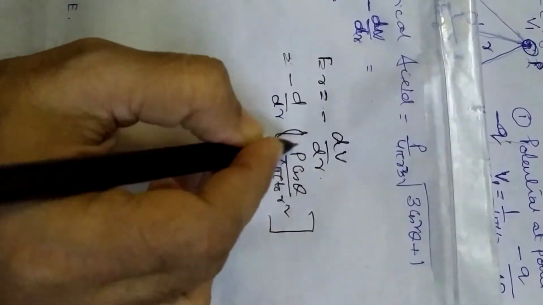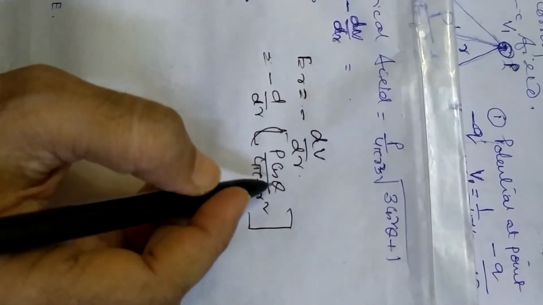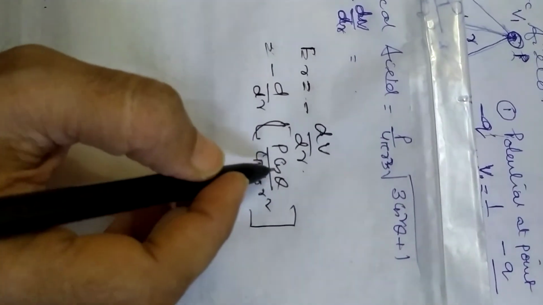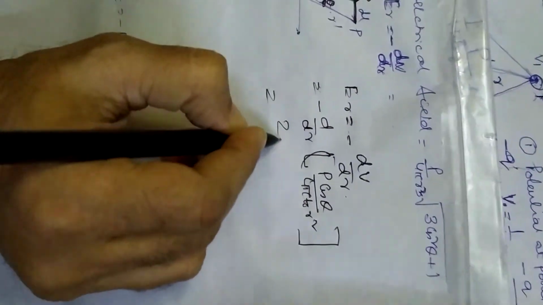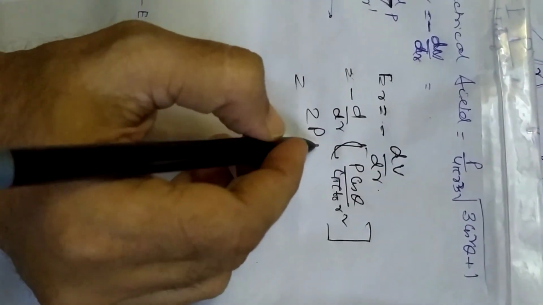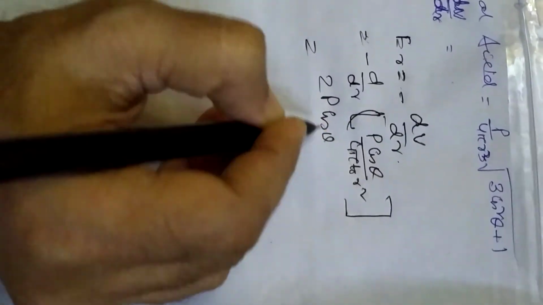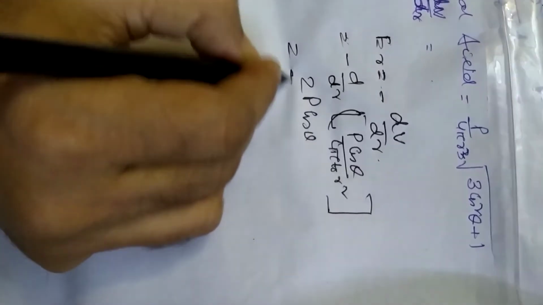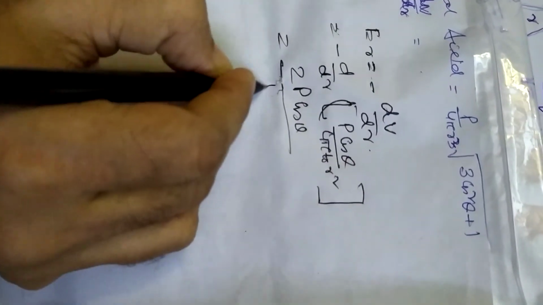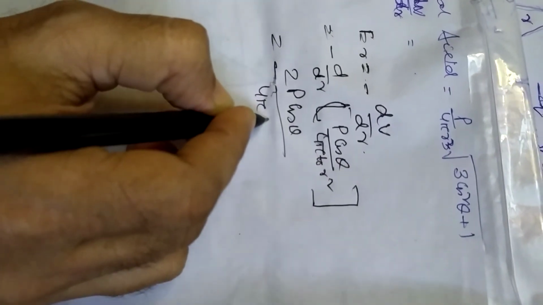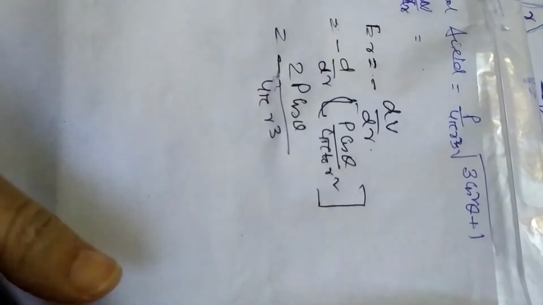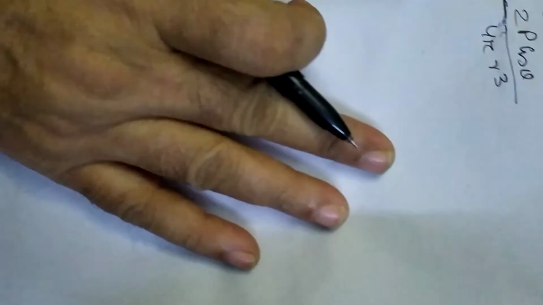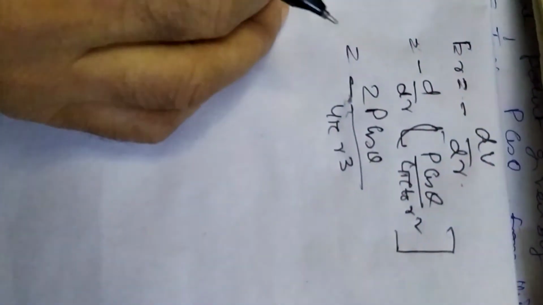While differentiating, theta remains constant here, so we get 2P cos theta divided by 4 pi epsilon r cube. So by this we get this value.